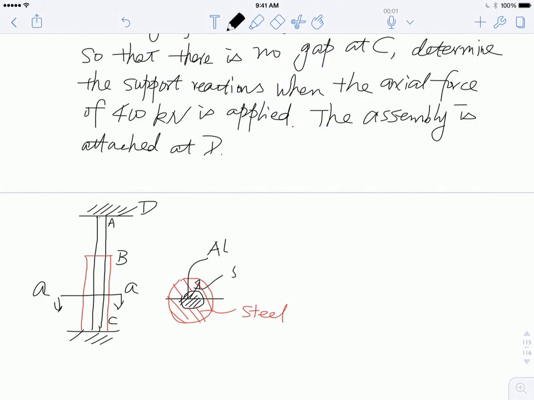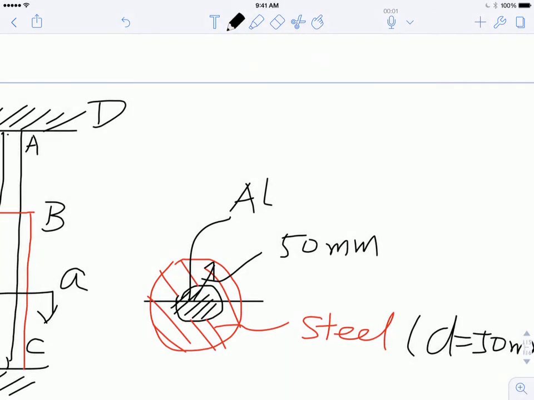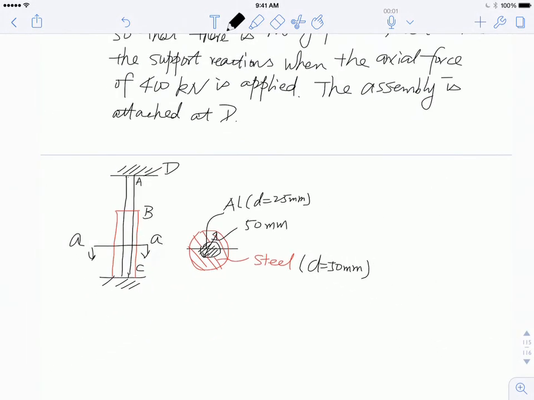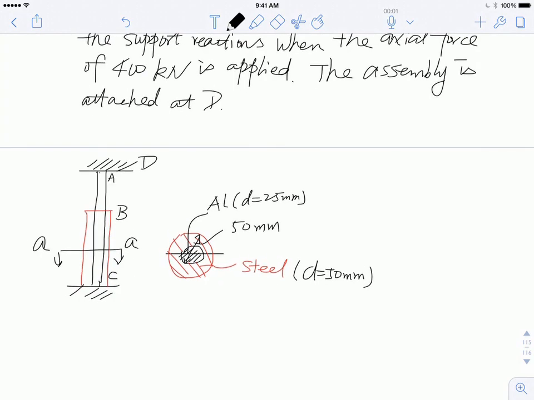So steel has a diameter of 50 millimeters, and the aluminum, which is internal, I'll write over here: diameter is equal to 25 millimeters. So smaller diameter aluminum, bigger diameter steel. Okay, let's erase that. So you know what that means.